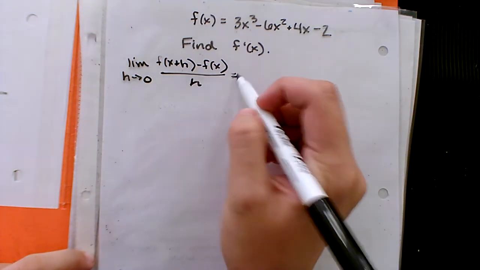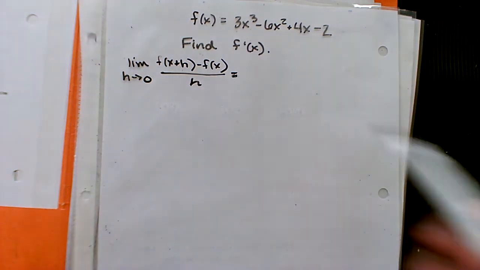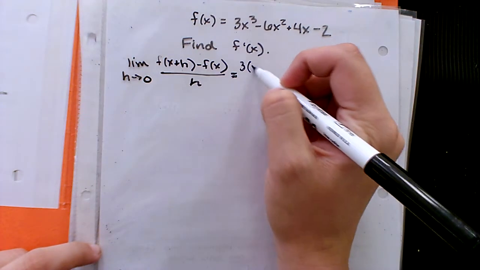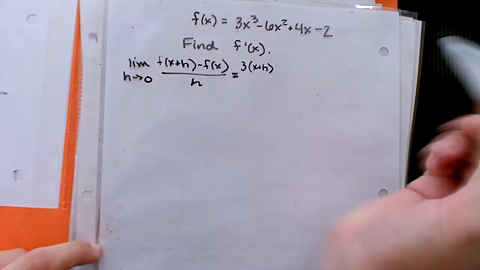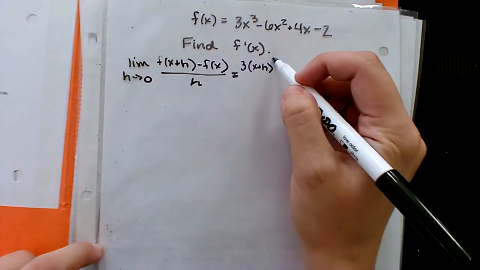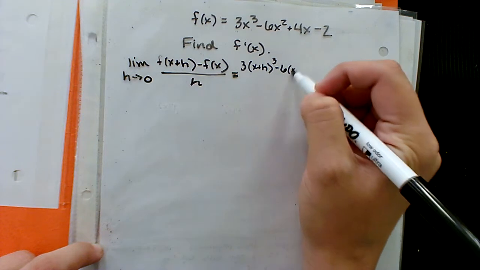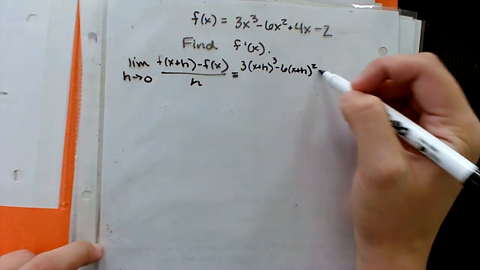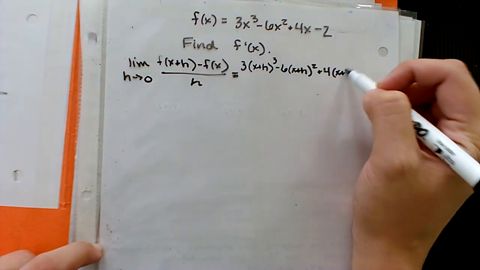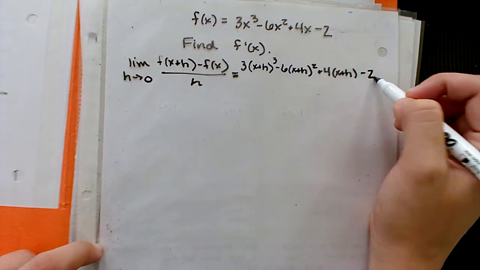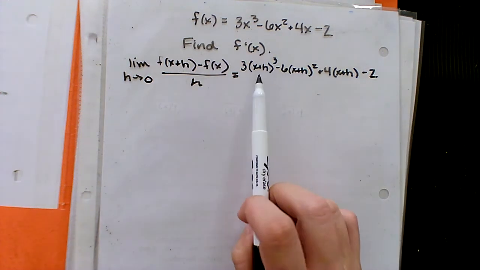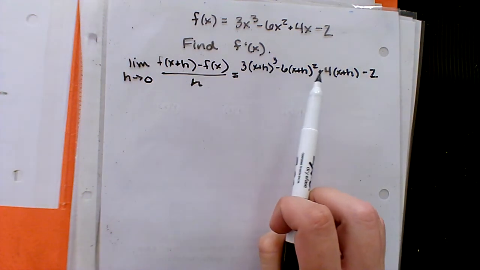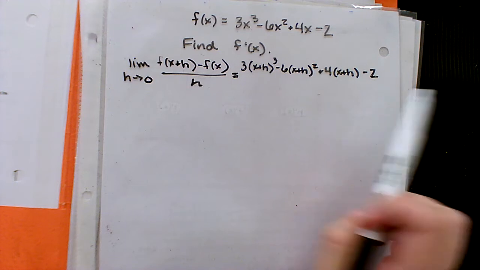So if we were to actually write out what it's going to look like, we've got to plug in x plus h for all the x's.